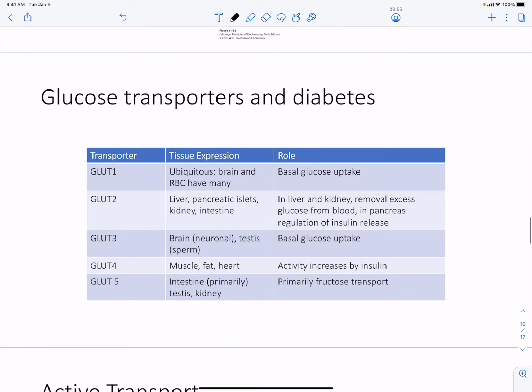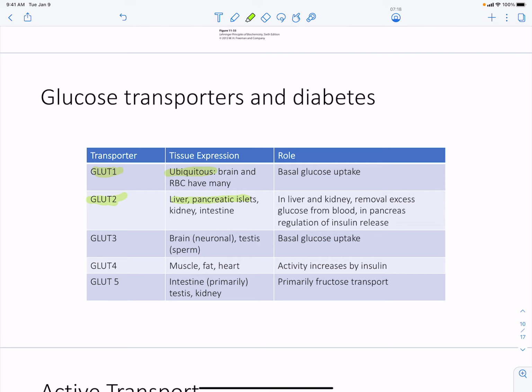Now, glucose transporters with respect to diabetes: we have GLUT1, which is ubiquitous, meaning it's always expressed, always on. It's going to be in the brain, and the red blood cells are going to have many. We have our GLUT2 transporters, which are in liver and pancreatic cells, especially those beta cells, some kidney cells and the intestines also.